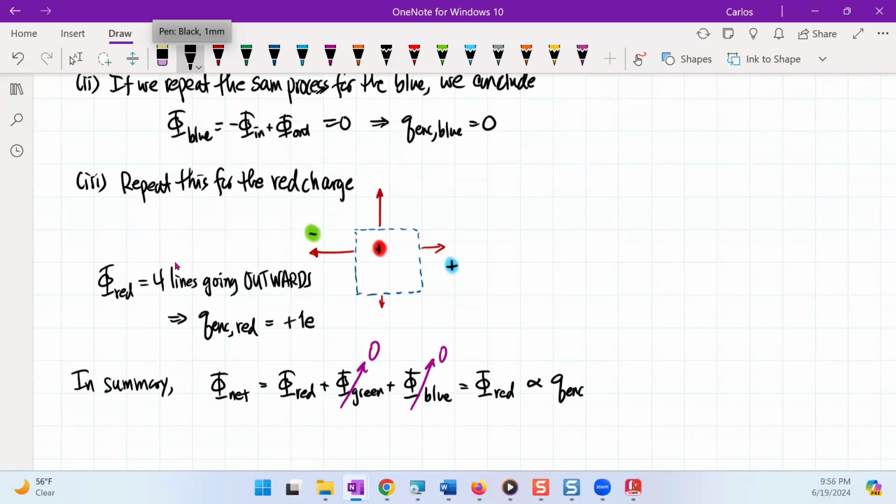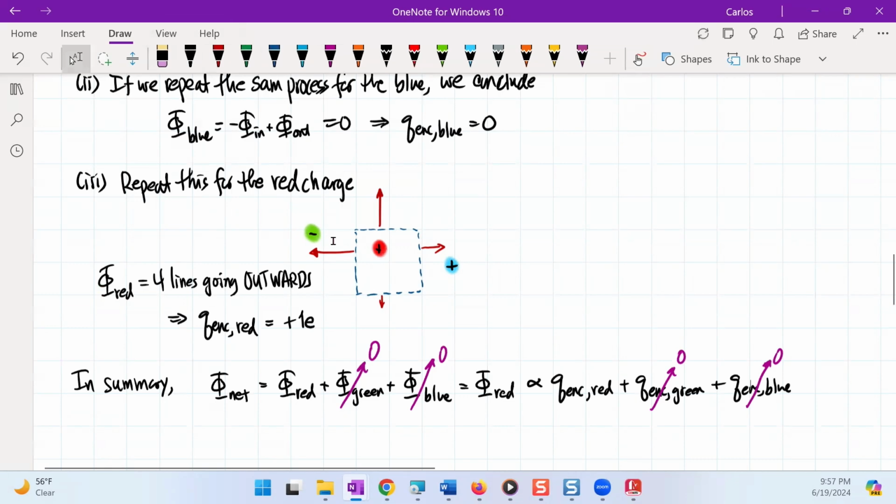And therefore the enclosed charge is going to be for the red plus the enclosed charge for the green plus the enclosed charge for the blue. But when we look in here, we can immediately conclude that, of course, there's no green there. Of course, there's no blue there.